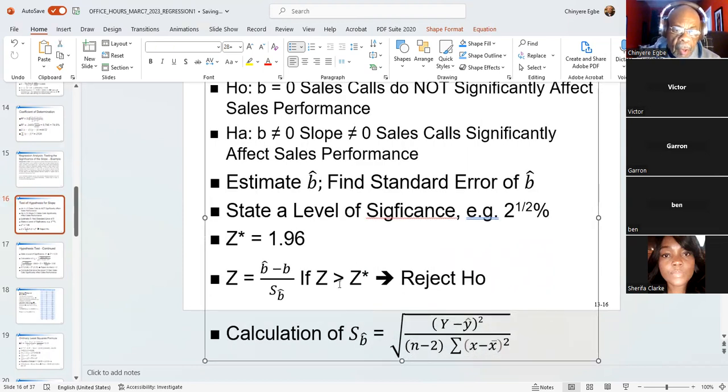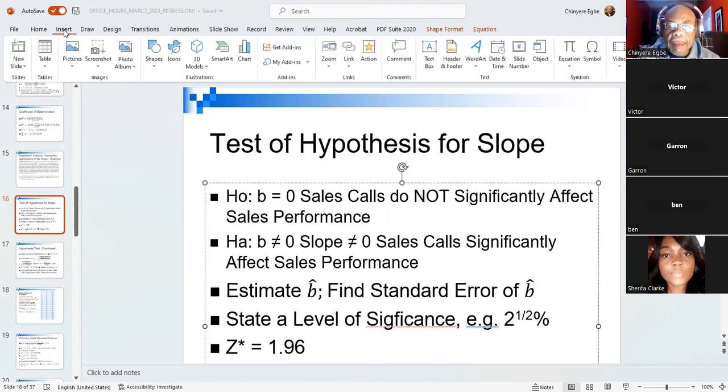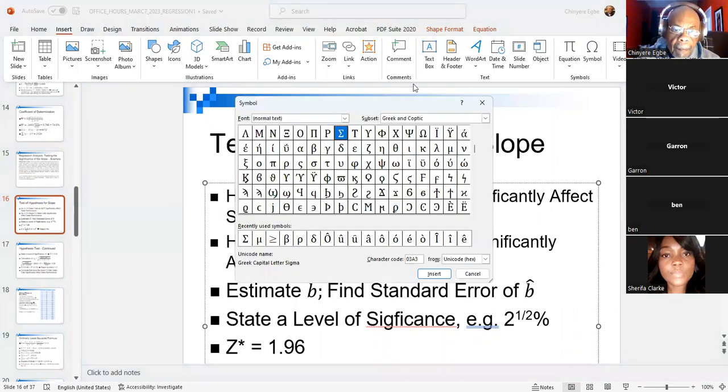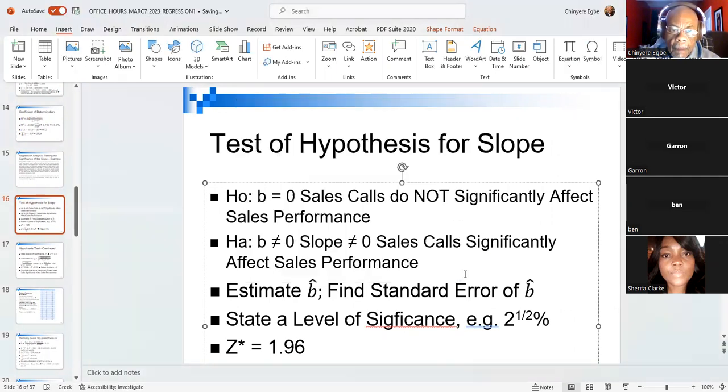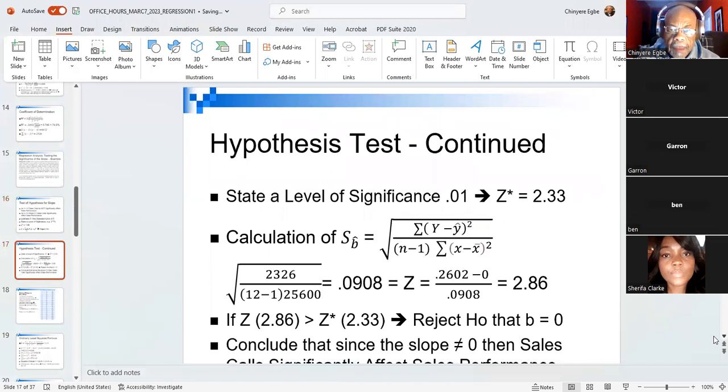Now, the calculation of the standard error of B hat is the square root of the summation of Y minus Y hat squared, divided by n minus 2.